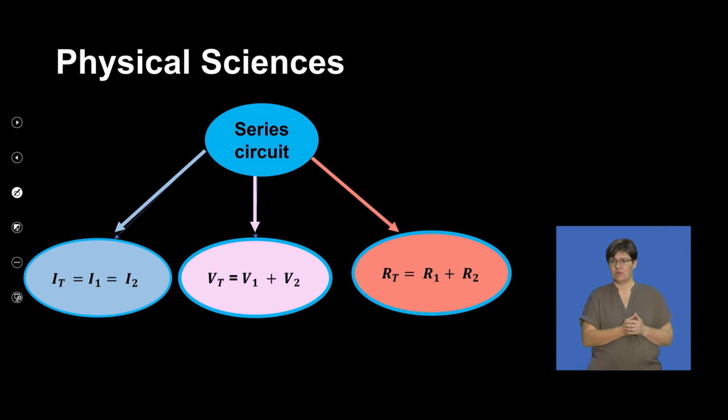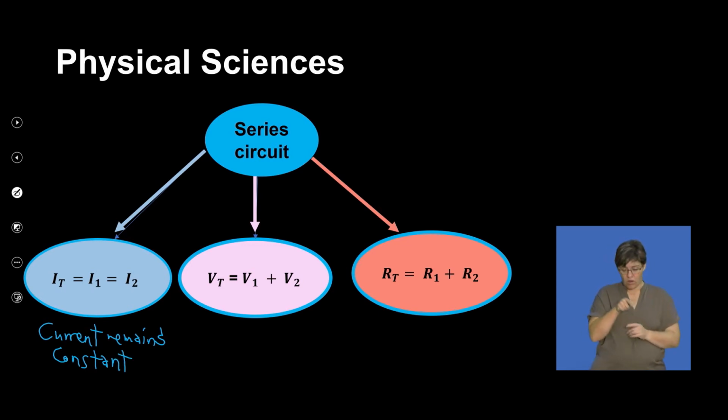So all the current in this circuit remains constant in a series. So in short, current remains constant. There is the same amount of current through every point in that circuit.